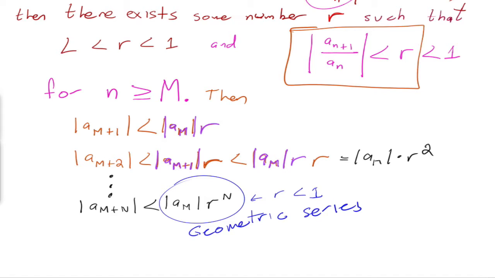Does that affect the convergence of the series starting at 1? No, right? Remember, the tail is what matters. So our series, on the left side, is less than this convergent geometric series, so our series converges by the comparison test, right?